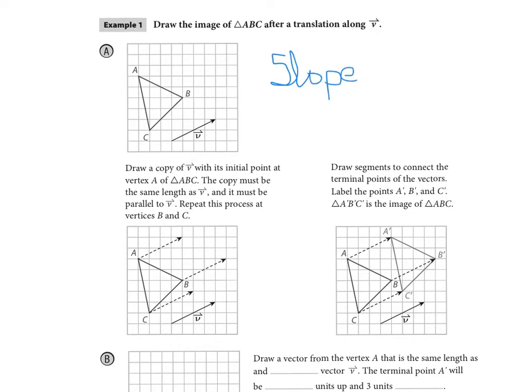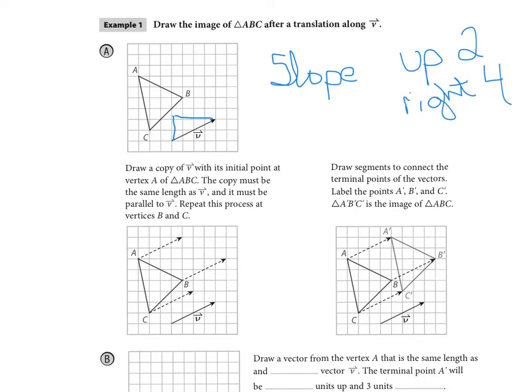Now this vector is 2 up, and then it goes right 4. So what it means is every point in that image is going to move up 2 and right 4.